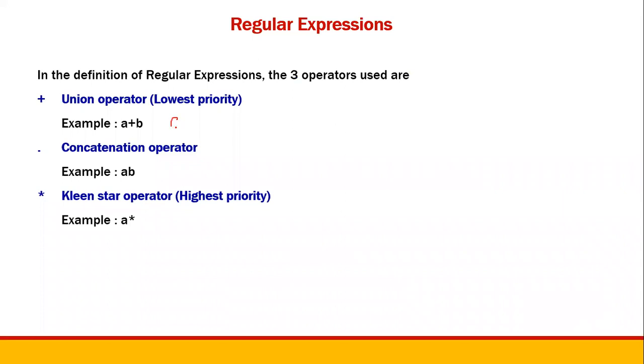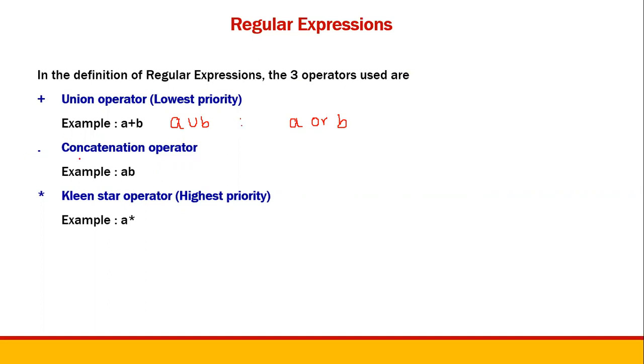Say something like this: a union b. So either A plus B or A union B is nothing but the state can accept either A or B value. Okay, either the input symbol A or the input symbol B. So plus symbolizes OR operator here.